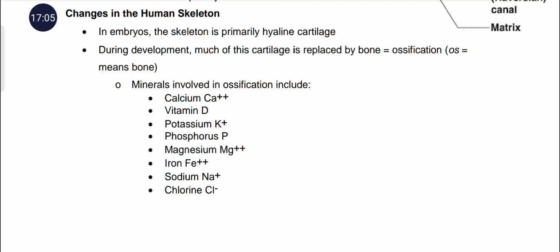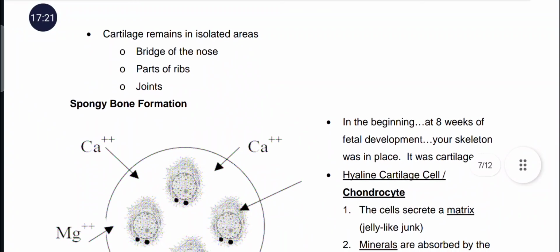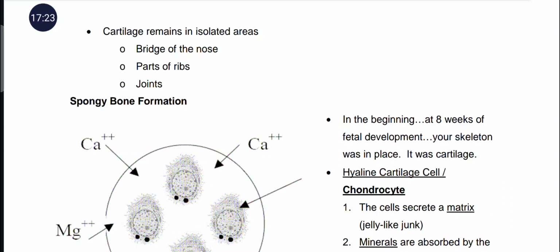During ossification, several minerals get involved in the process. These minerals include calcium, vitamin D, potassium, phosphorus, magnesium, iron, sodium and chlorine. Then cartilage remains in isolated areas, for example the bridge of the nose, parts of the ribs and joints, wherein the ossification of this cartilage does not take place.